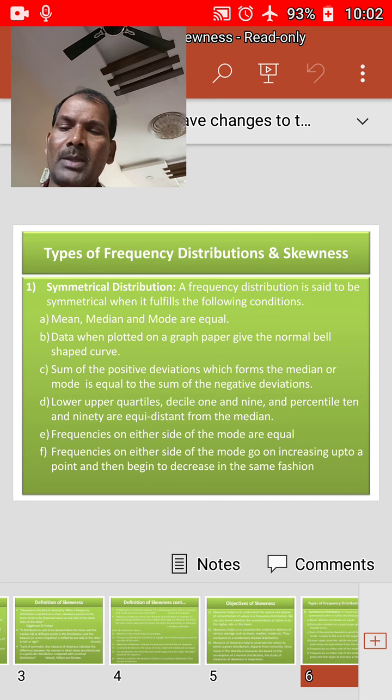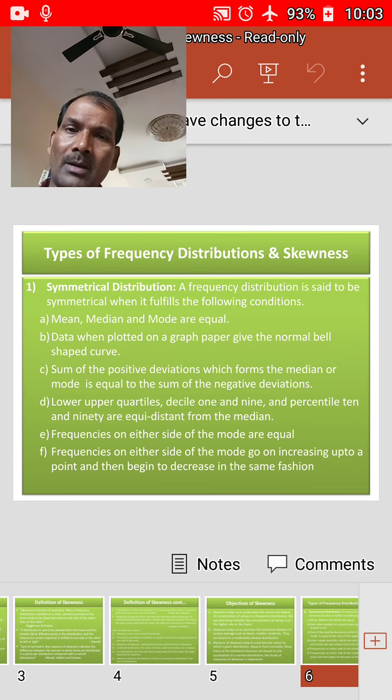A special kind of symmetrical distribution is the normal distribution, which is not only symmetrical but also gives a perfect bell-shaped curve.